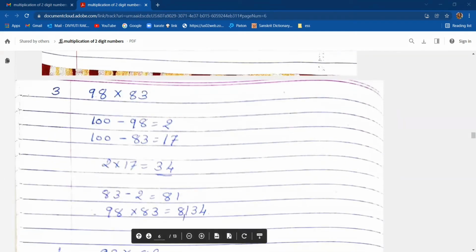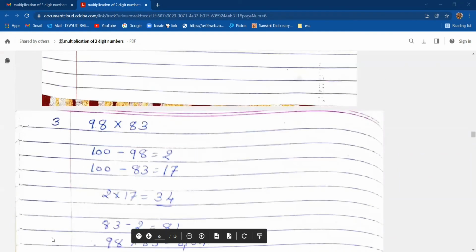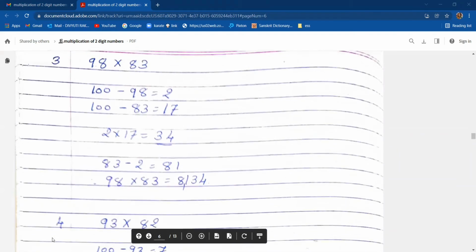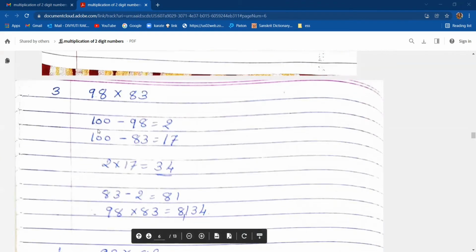Now I think you understand the method a little bit. Now let's move on to the next question so that you will get the exact idea of what we are doing. Now 98 into 83. Both the numbers are very close to 100. So first we will subtract 98 from 100. We are getting 2. Here 83, when we subtract from 100, we are getting 17. Now 17 twos we know are 34.